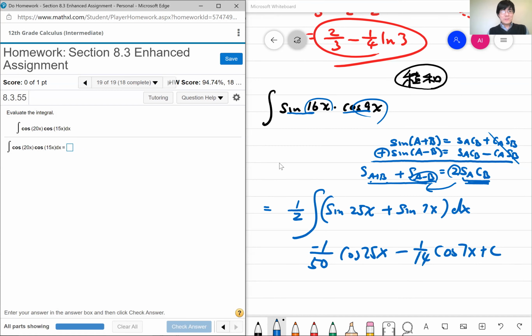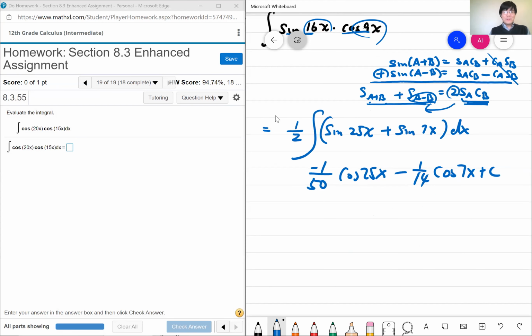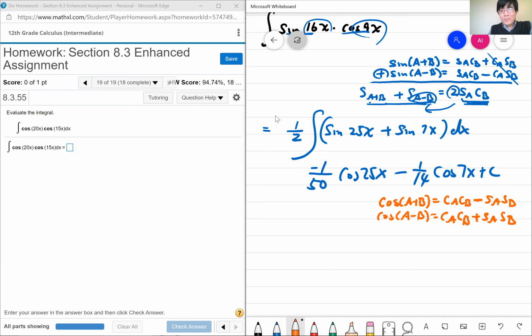Okay, last one is a cosine times cosine. So again, you can use sum to product formula for cosine version. So you're going to use the cosine additive identity. So cosine A plus B is cos cos minus sine sine. And this one is cos cos plus sine sine になります。When you add these two, you're going to get cos.